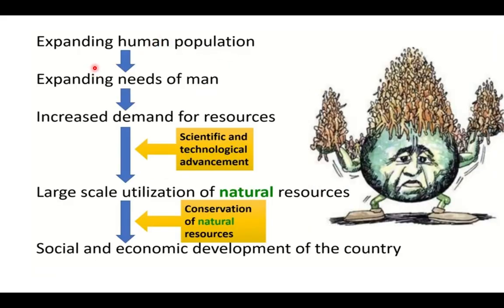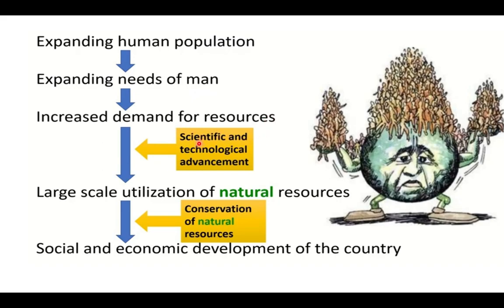And not only that, population is going on increasing, right? So we are utilizing the renewable as well as non-renewable resources in a large quantity. Why? The reason is too much population. Since the population is increasing, the need of man is also increasing. So the resources are in increased demand nowadays.